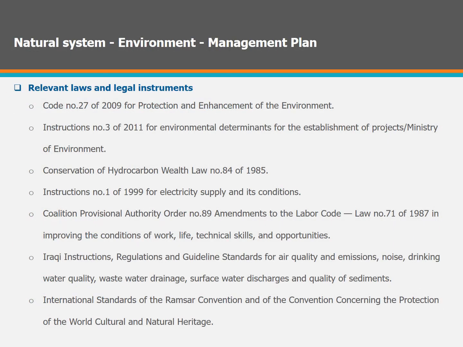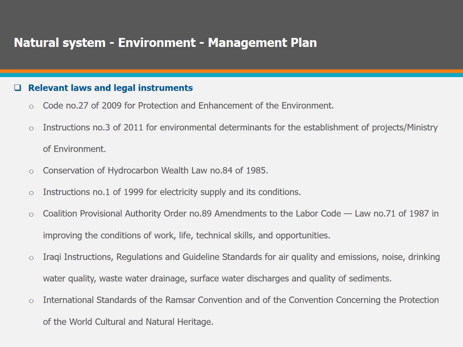A number of laws and legal instruments apply to the marshlands. They relate mainly to the environment, but also to energy, labour law, various environmental standards, as well as international conventions.